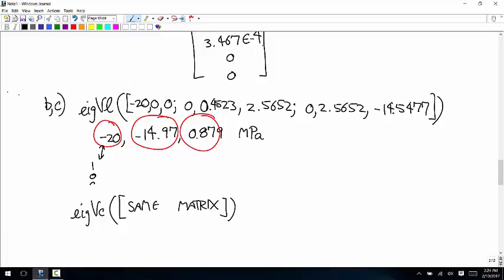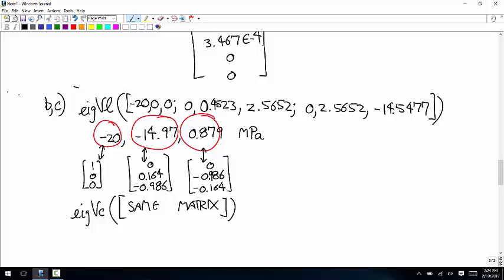Yep, that one I could have done in my head. These two are harder. What's the second one? Okay. 986, negative 0.164.